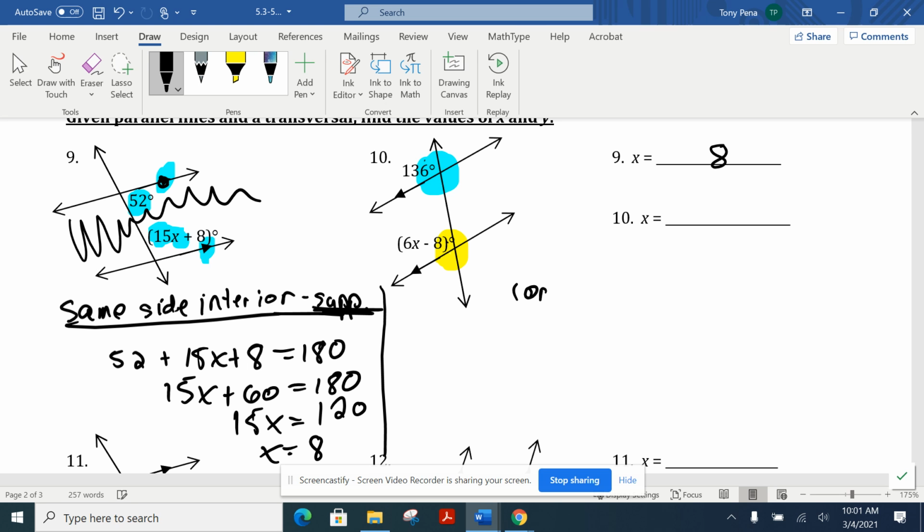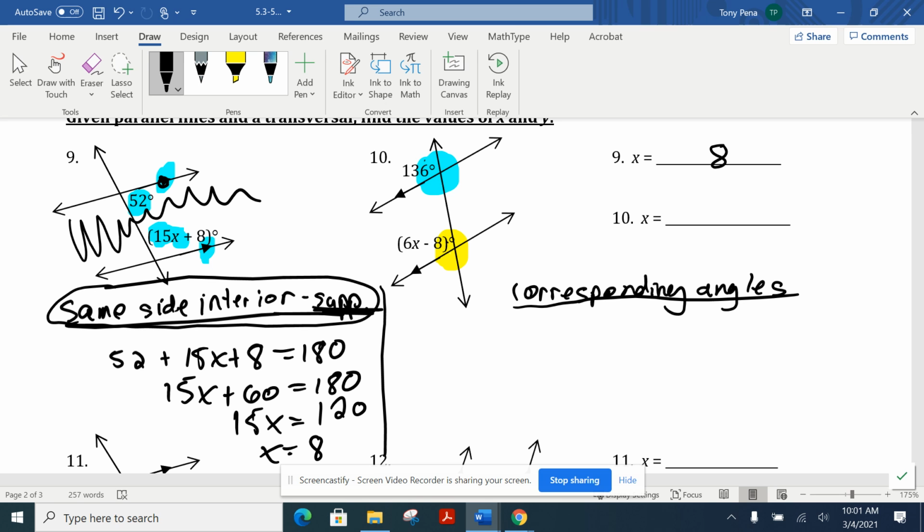So again, if we can identify what type you're dealing with, corresponding in this case, you have this written down in multiple spots in your notes. You can then look, all right, am I adding these up, setting them equal to 180 like I did in number 9 because they were supplementary, or are these congruent and I'm going to set them equal?